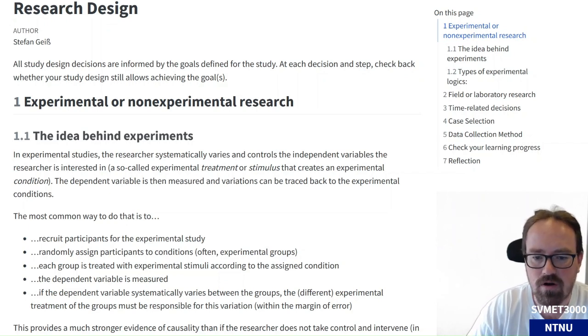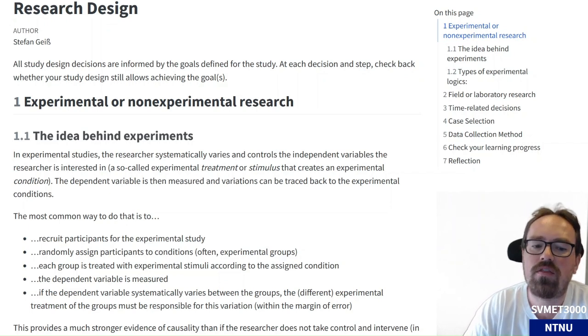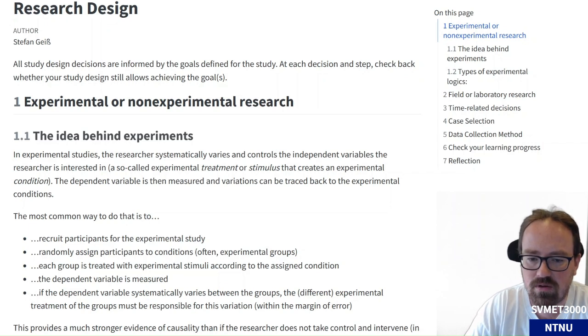This variation is done by a so-called treatment or stimulus that creates an experimental condition, as we call it. Then, after applying this treatment and creating the condition, we measure the dependent variable, and the variations in this measurement should then be traceable to the initial treatment.